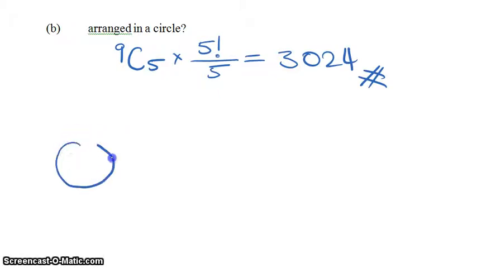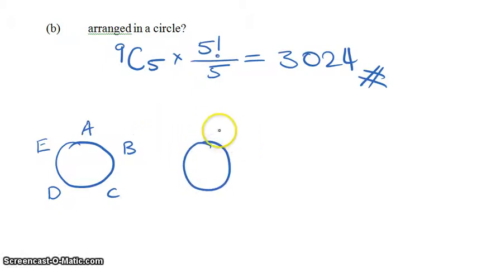So let's consider this permutation where I had beads A, B, C, D, and E. This looks perfectly reasonable, but if you imagine them on a bracelet, E, A, B, C, D would look identical.